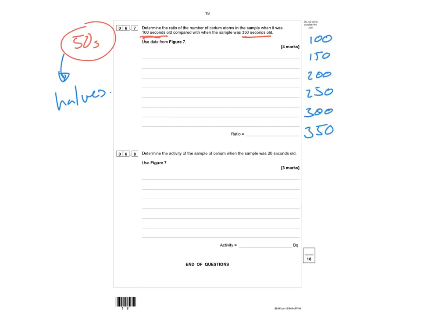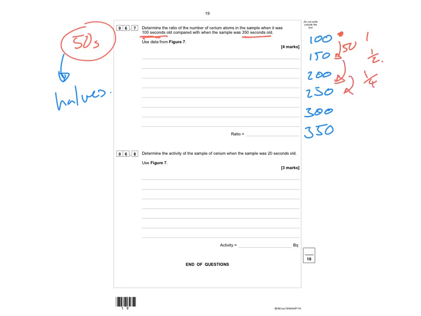So if now we consider these 50-second jumps, we're going to say we're starting here, and in 50 seconds it halves. So we now have 1/2 of what we had before. We therefore must have started with 1 whole. Let's just say we've got 1 whole. Then we've got a half. It halves again, so we're down to a quarter.